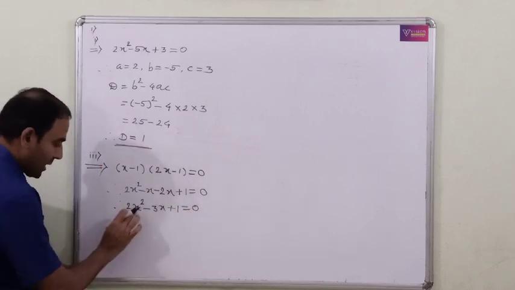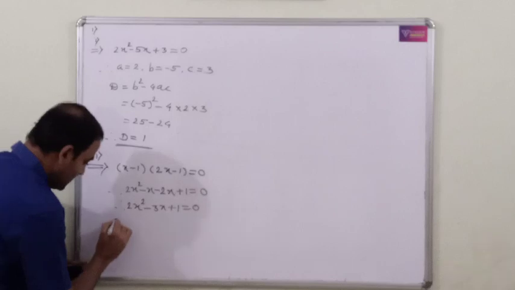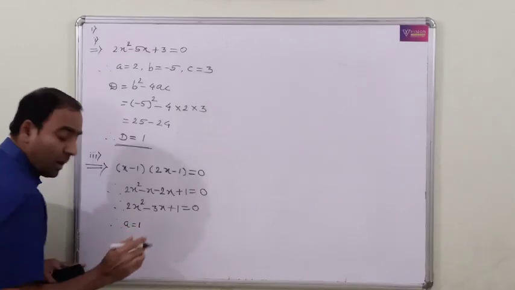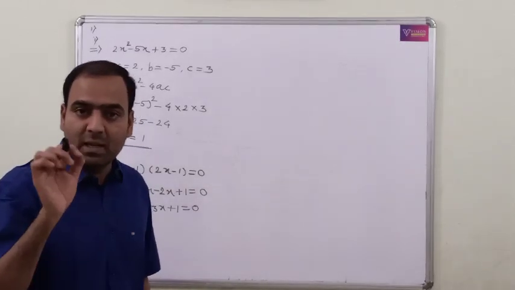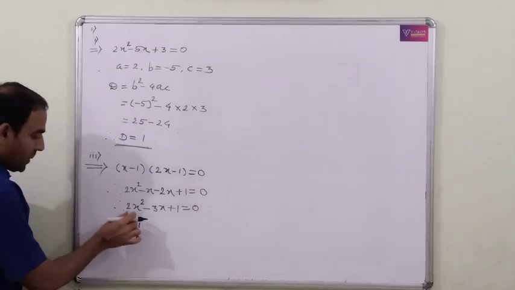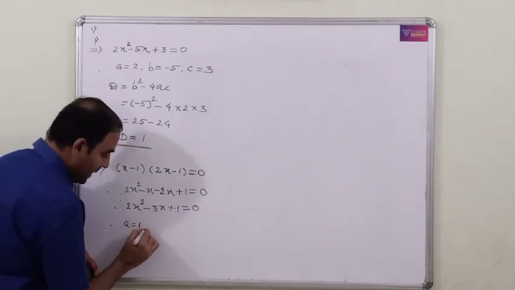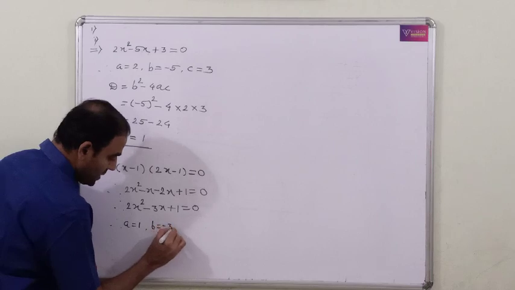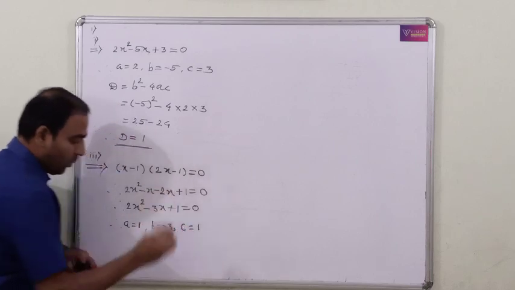What is the coefficient of x square? 2. So it is a. Because you are comparing with ax square plus bx plus c, x square का coefficient a, x का coefficient as b is equals to minus 3 and constant term as c is 1.